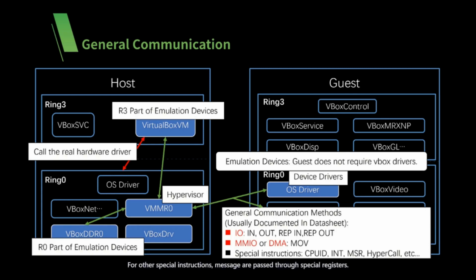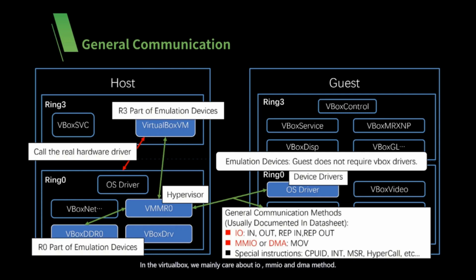For other special instructions, messages are passed through special registers. Since the processing of special instructions doesn't include complex states, it just emulates the behavior of the CPU, so we don't care about it this time.